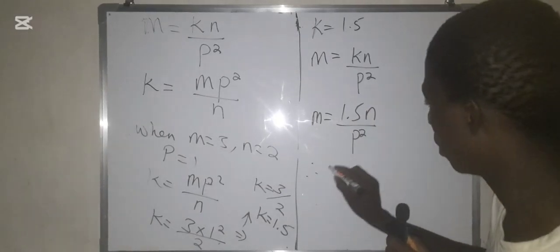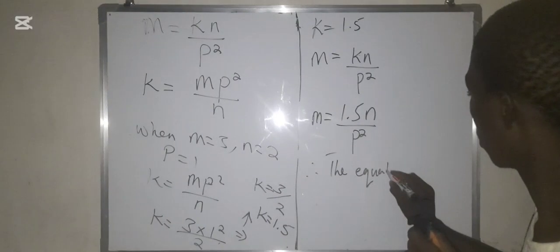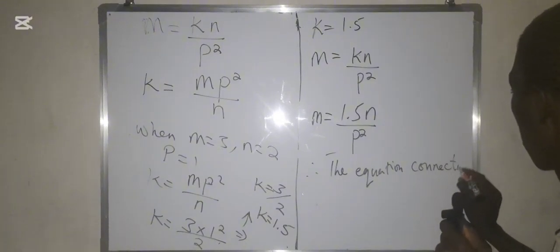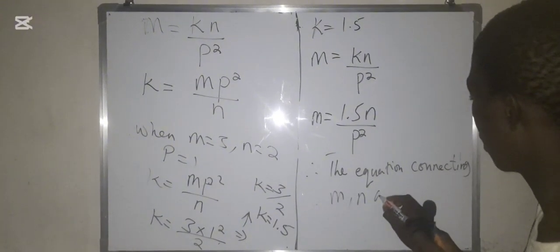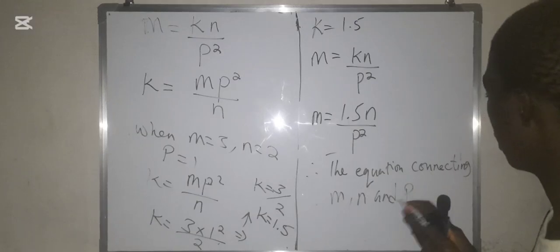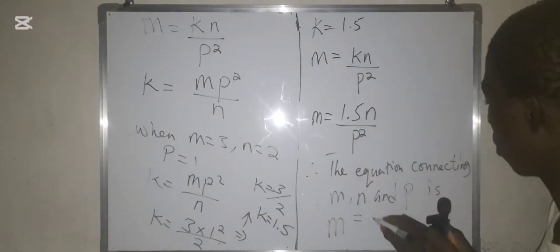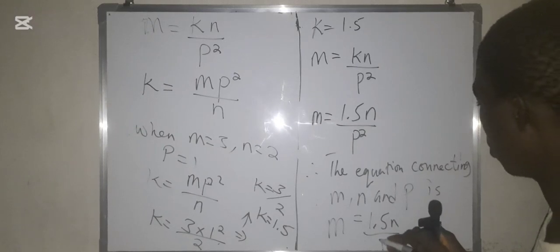Therefore, the equation connecting M, N, and P is M equals 1.5 N over P square.